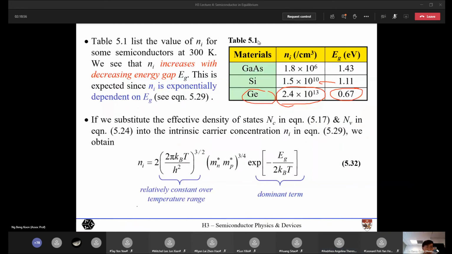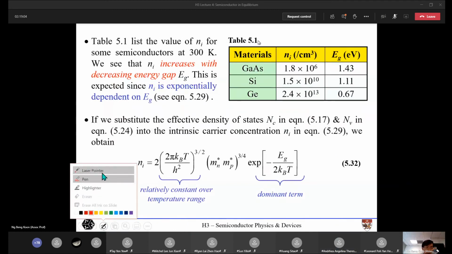Now, in fact, using this intrinsic carrier concentration expression, we can rewrite the expression such that we substitute in the NC, NV, and we have this effective mass term, and there's a term that contains temperature T, and of course the exponential term has a temperature T there as well.